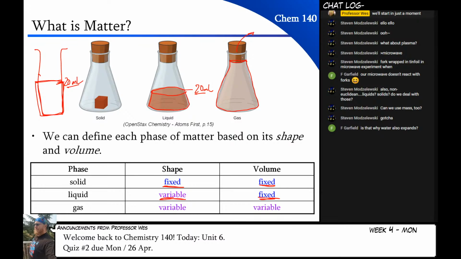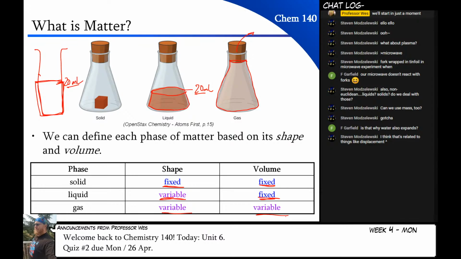If you put more helium in there, it will expand and the volume changes. So its shape and volume are both variable depending on circumstances. Now, the shape will also change if you squish the balloon. If you pop the balloon, then the volume again becomes the volume of the atmosphere.